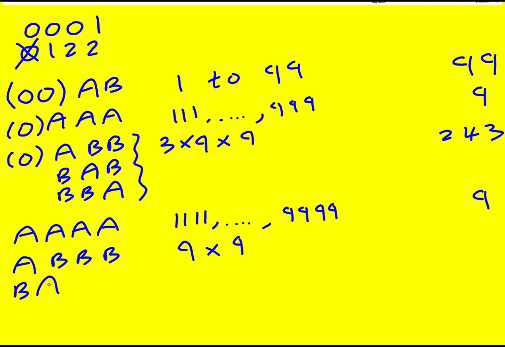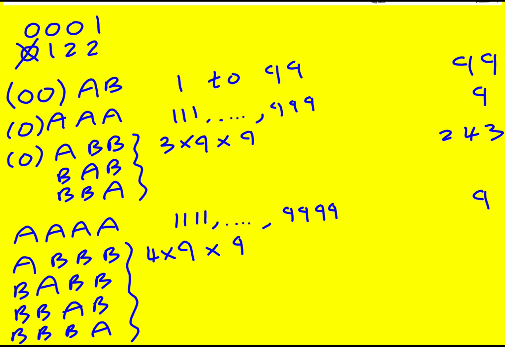So I could have B, A, B, B, B, B, A, B, and B, B, B, A. Notice in this case, I would actually pick B first, because B can't be 0 in this case, but that will allow for the number like 1311, which I wouldn't have anywhere else. So I can just take this 9 times 9 and then times it by 4 in this case. That's 81 times 4, which is 324.